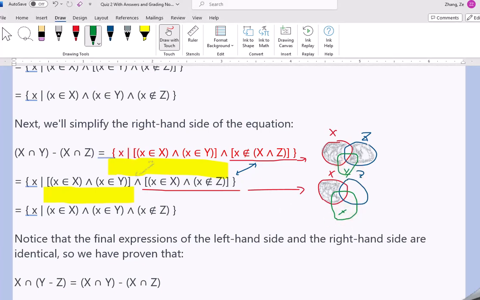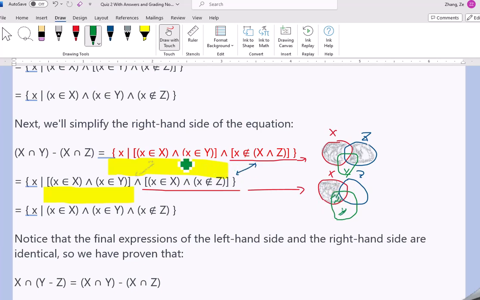So now x intersection with y is this part here. Then their intersection with this part is none other than here. So x, and that's y, and with this part, it's this part.